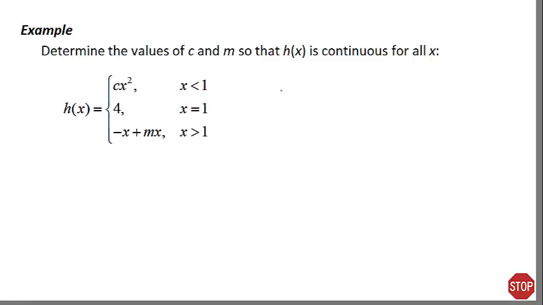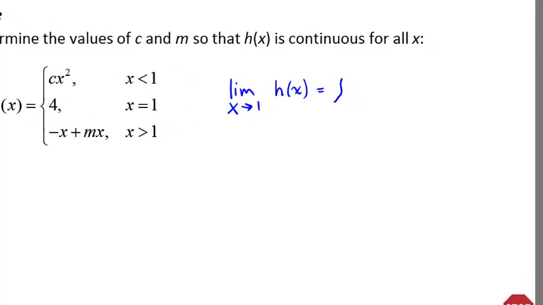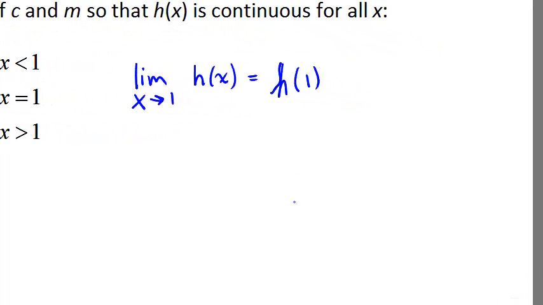So in order to do this, we kind of need to apply that definition we talked about, which simply states that we know that the limit as x approaches 1 of our function h of x needs to be equal to the function evaluated at 1, so h of 1.